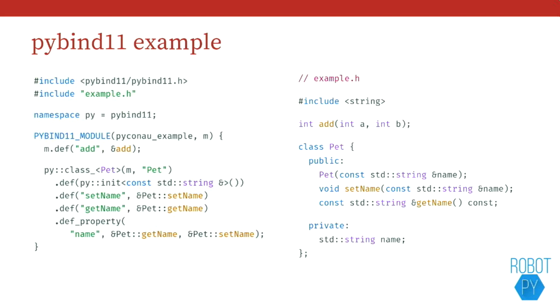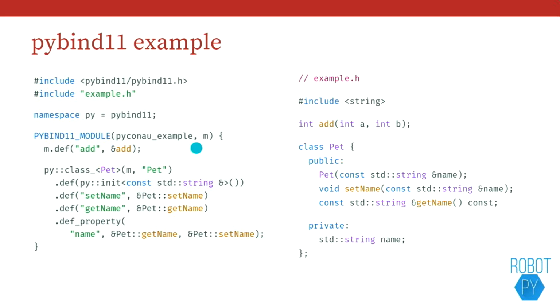Here is an example of what PyBind11 looks like. So on the left-hand side, I have my C++ code to have these bindings. First, we say that we're building a PyBind11 module, and then next here is our module name. So to import this module from my Python code, I would say import PyCon AU example.